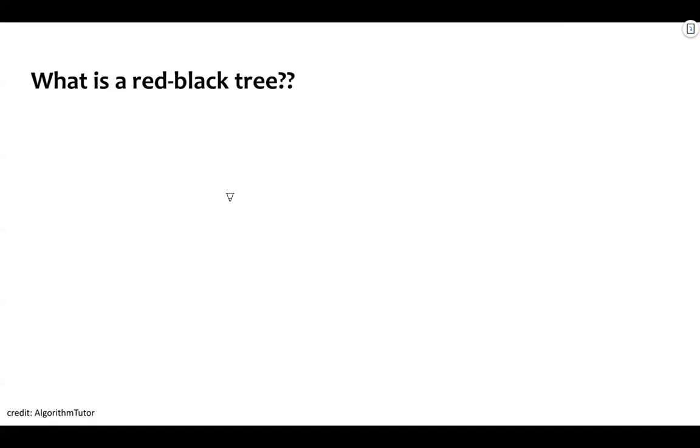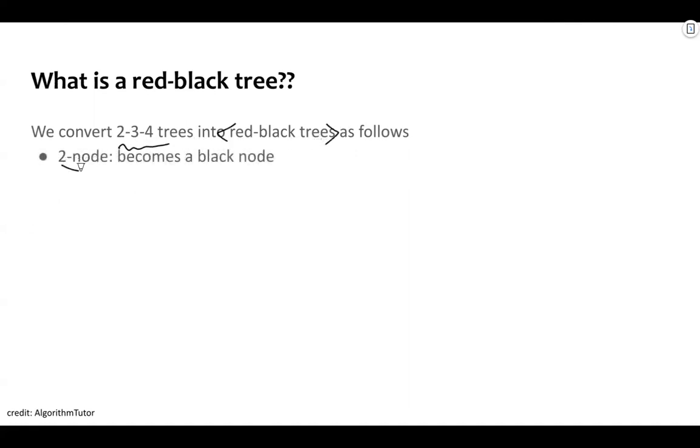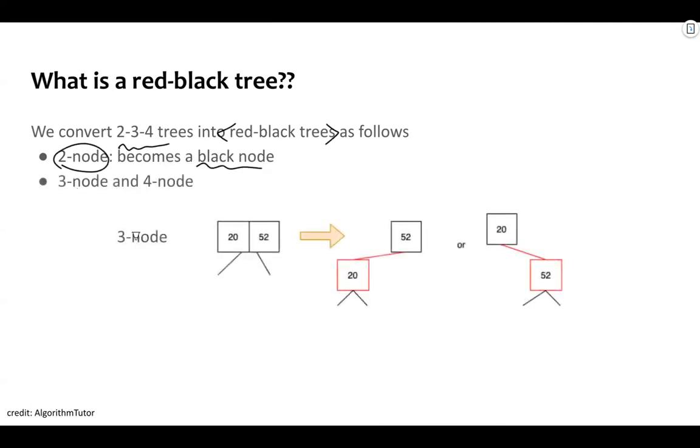What is a red black tree? We are going to convert 2, 3, 4 trees into red black trees as follows. We are going to make a 2 node into a black node. And for a 3 node, it becomes a pair of a black and a red node.